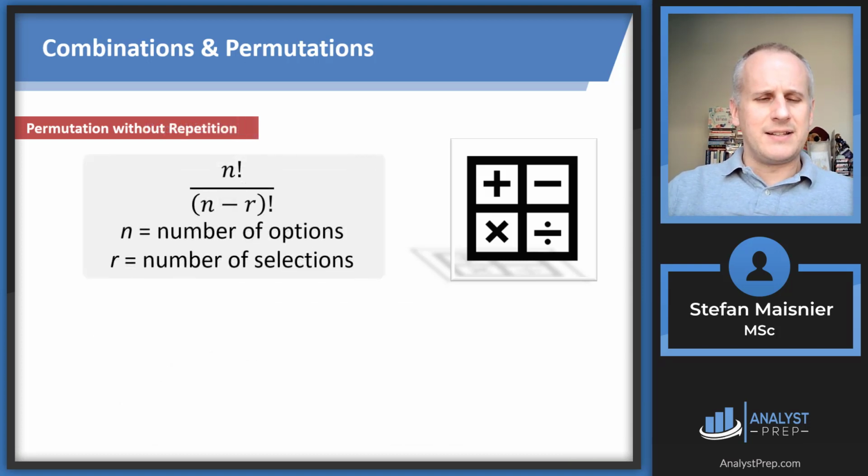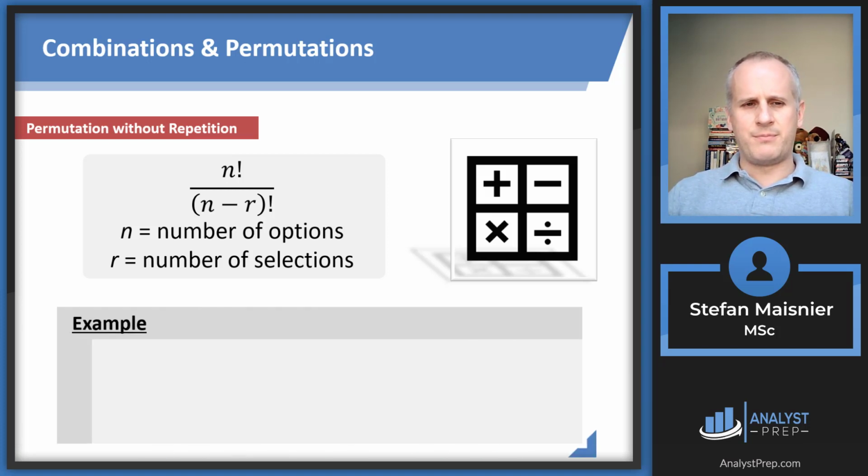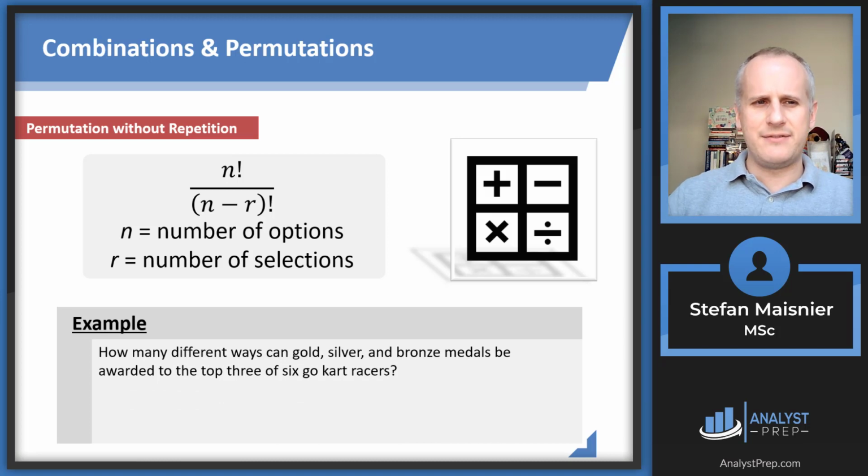Now, let's consider a permutation without repetition. So this time we have to have our n factorial divided by n minus r, that quantity factorial. So again, n is the number of options, r is the number of selections. So another example, how many different ways can gold, silver, and bronze medals be awarded to the top 3 of 6 go-kart racers?